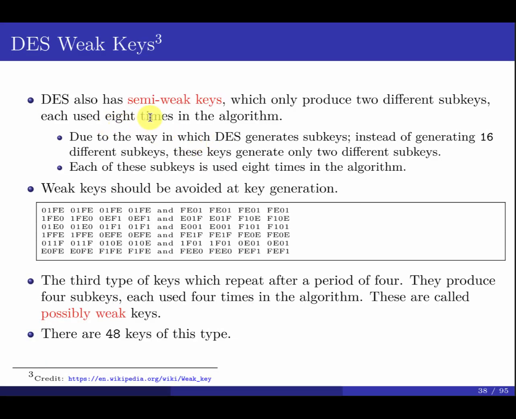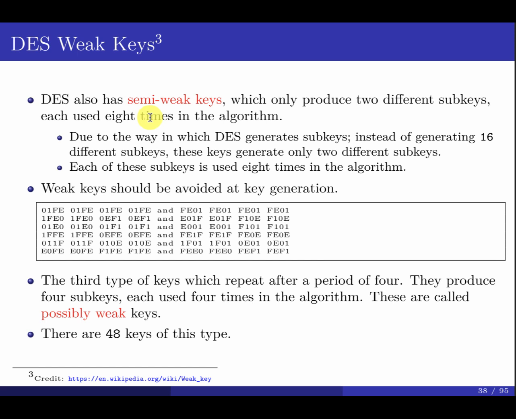The second type of keys that we don't like, I call the semi-weak keys. This is the difference between weak and semi-weak keys. The weak key is going to produce 16 identical subkeys. The semi-weak keys are going to produce 2 different subkeys.